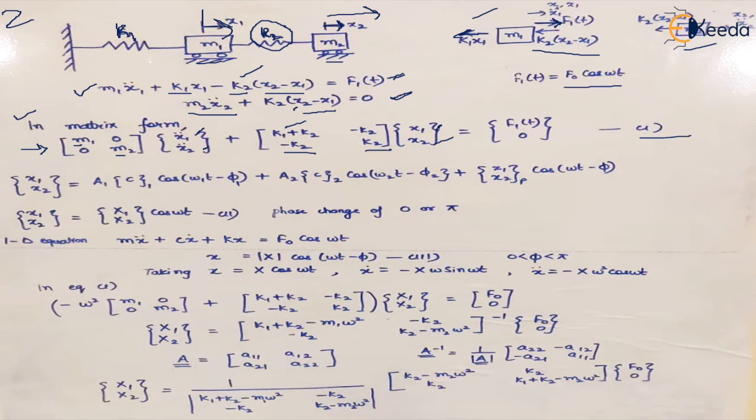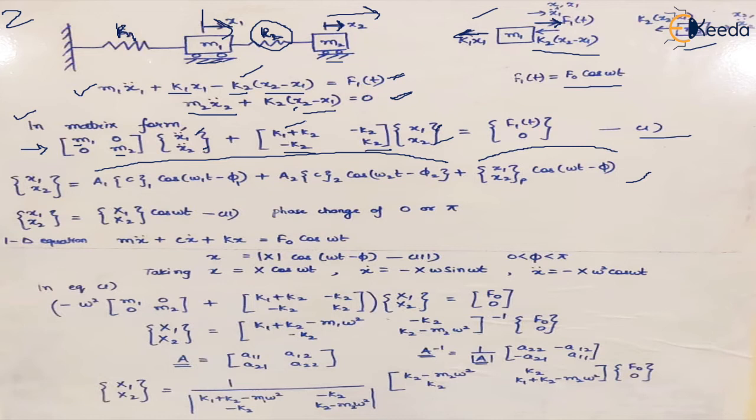Now, if we write the general form of solution for this equation, it will have two natural frequencies and two modes of oscillation. So this is how we can write the equation where the displacements x1, x2 are there, right? And this component denotes the free response and this component denotes the forced response.